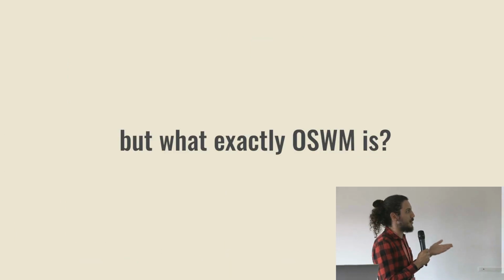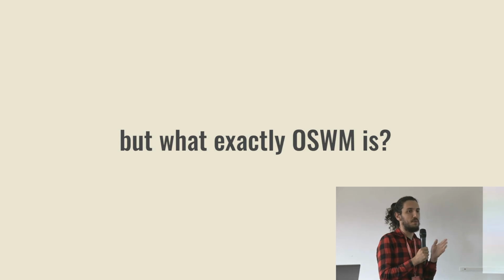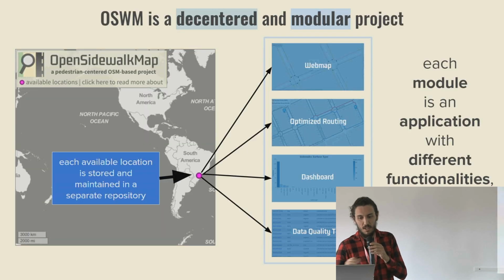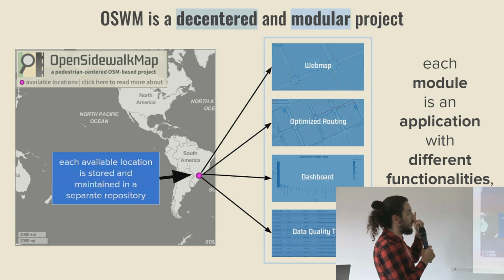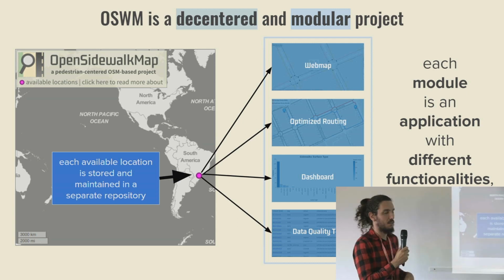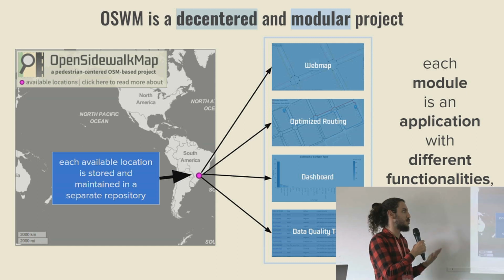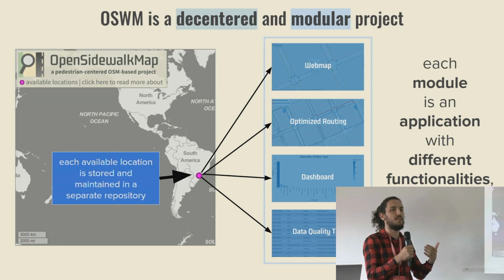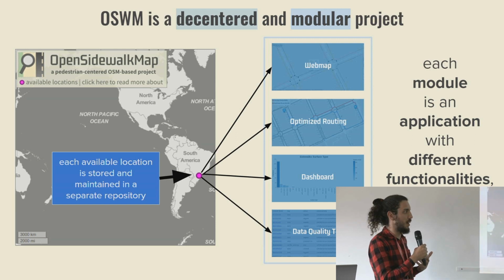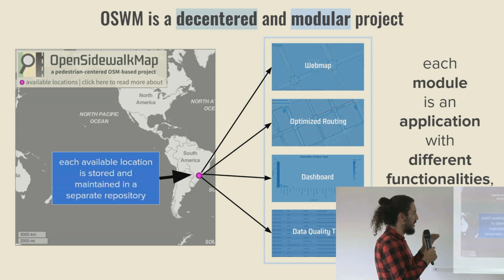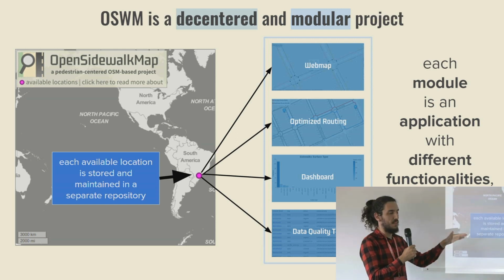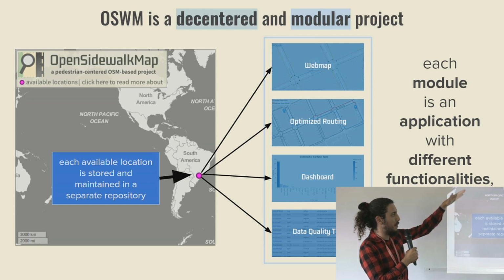So then, what exactly is Opensidewalkmap? Well, it's a decentralized and modular project. Each available location is stored and maintained in a separate repository on GitHub. And in each of these nodes, you get modules.